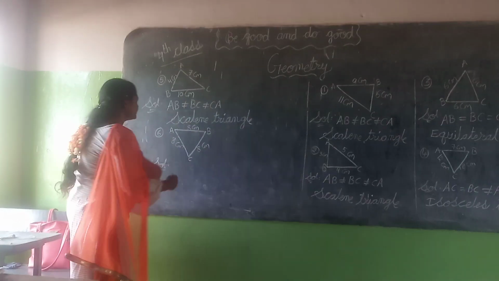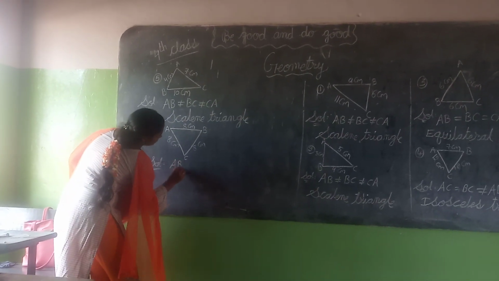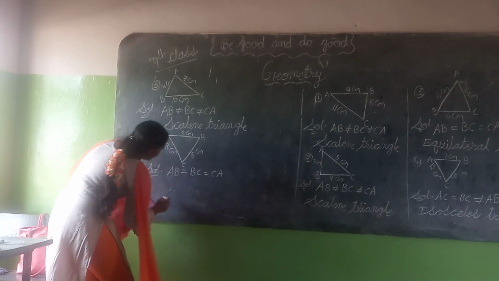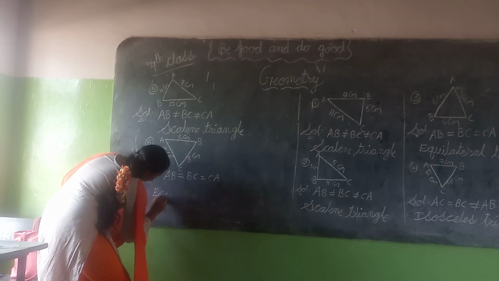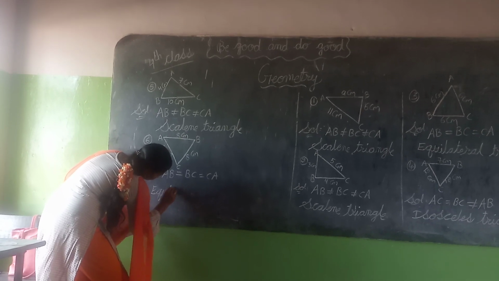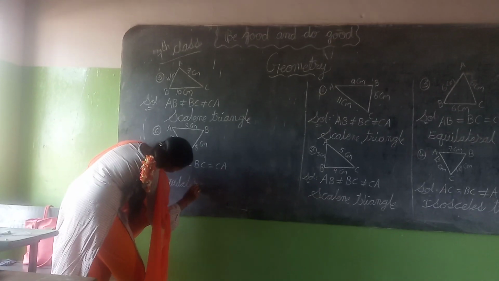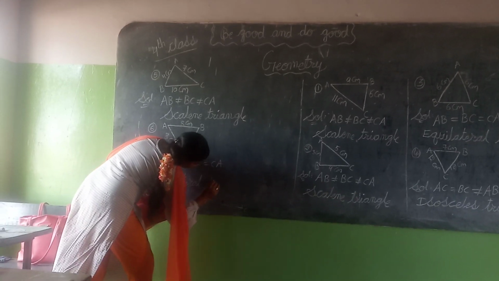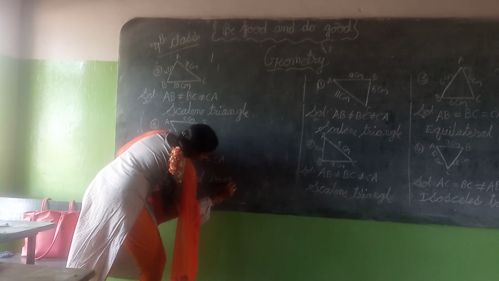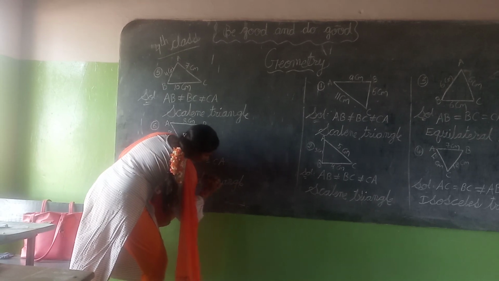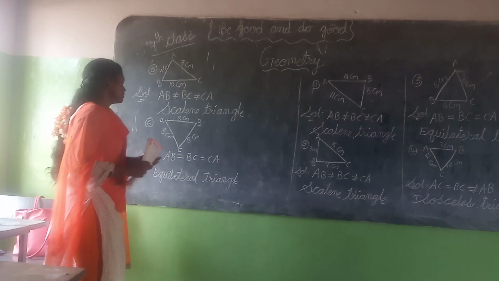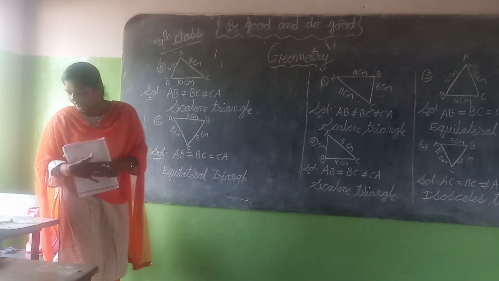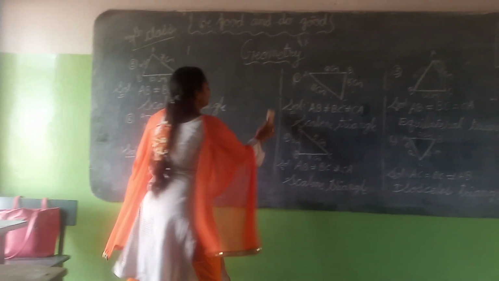That triangle is an equilateral triangle. Type that. These three sides are equal, that's why this triangle is an equilateral triangle.